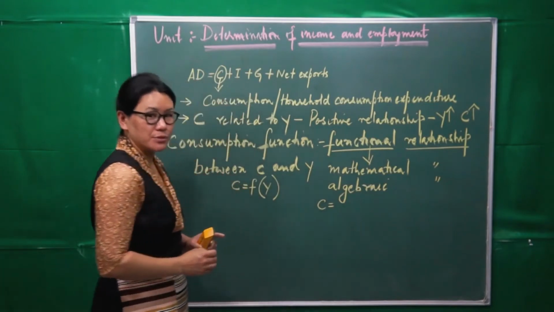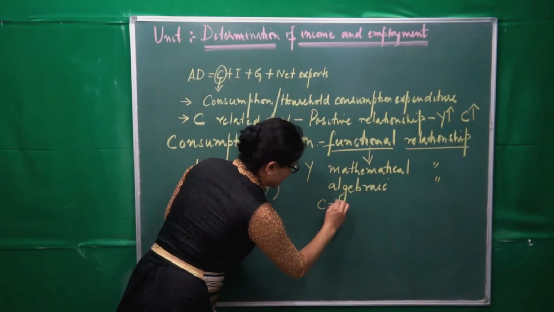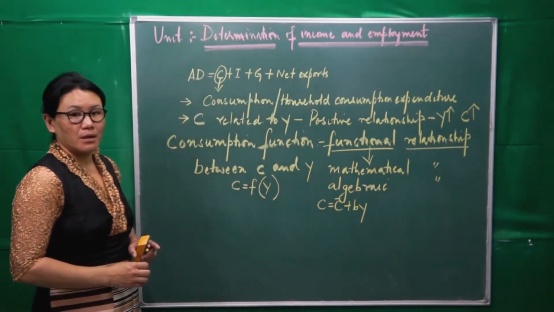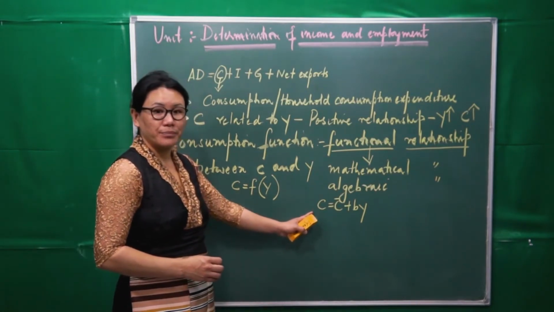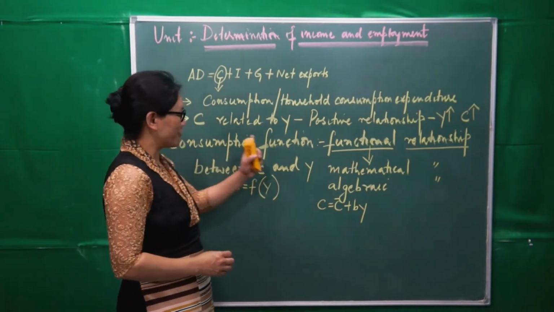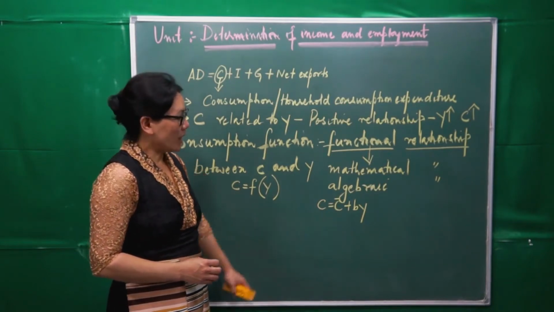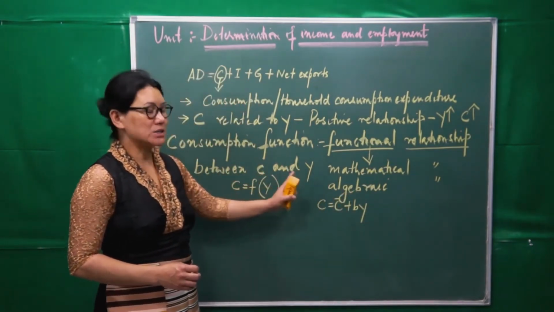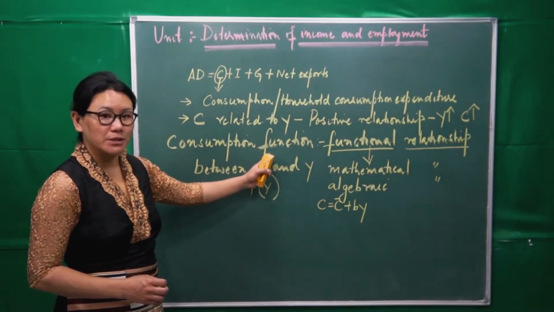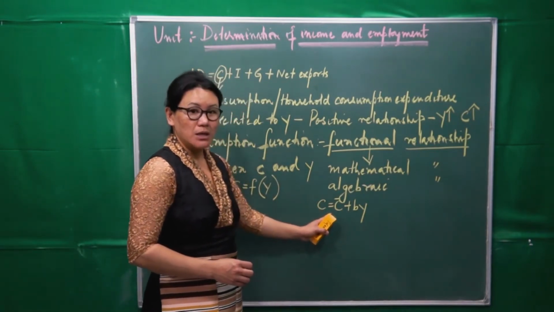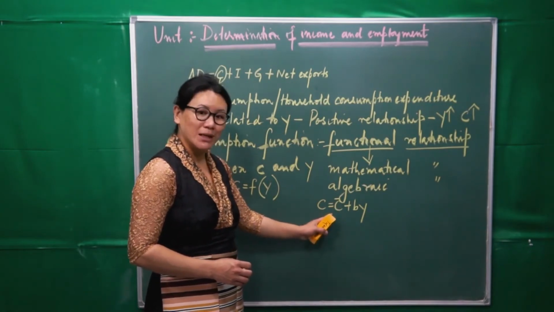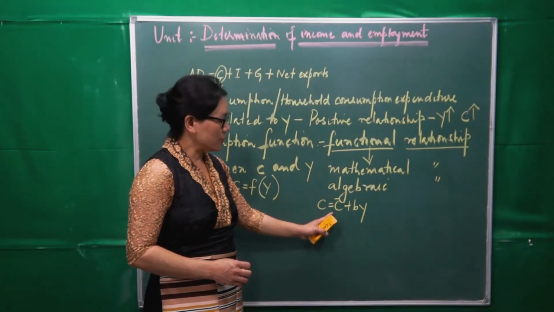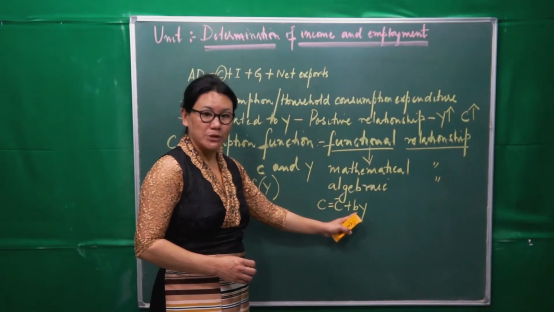C, that is consumption, is equal to C bar plus bY. Now this is an equation, the consumption function equation. So the mathematical relationship between C and Y is called the consumption function. Alright. Regarding this equation, this mathematical relationship, I'll give a detailed description at the end of this video.